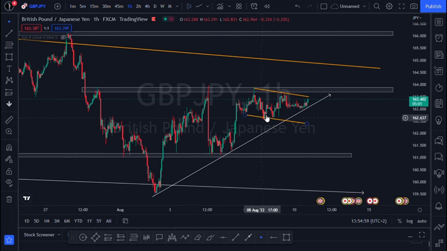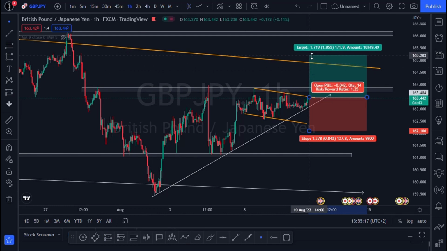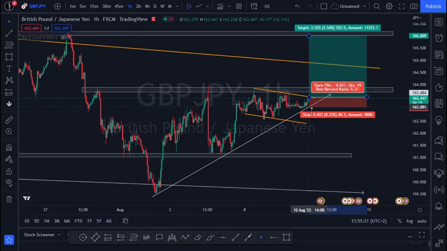I would take this because I know that this is a beautiful wick. This is a wick rejection, so when structure gives me something like this, I would paint it off as that. The moment structure chooses to break out at this particular level and gives me a break of structure is the time where I would place my beautiful buy position all the way towards the upside. That's how I would trade such a position.